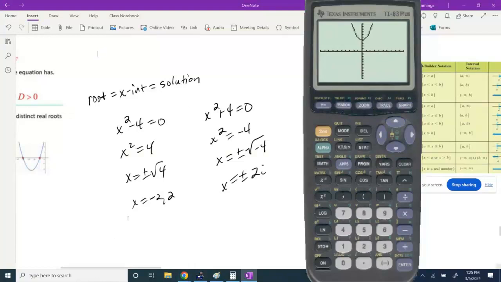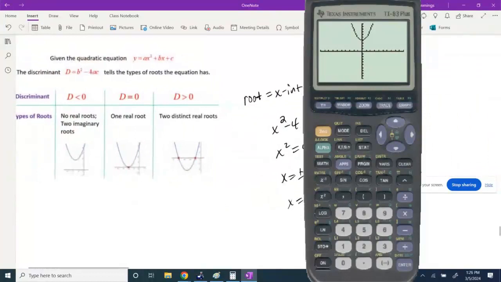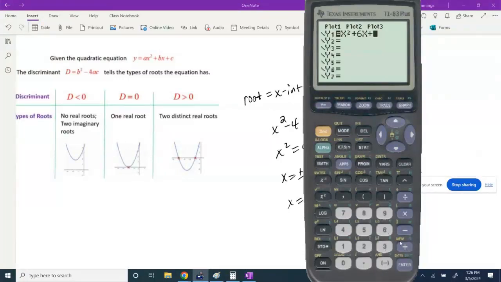And then we can have other equations that only touch the x-axis once. So let's see, x squared plus 6x plus 9. Right?